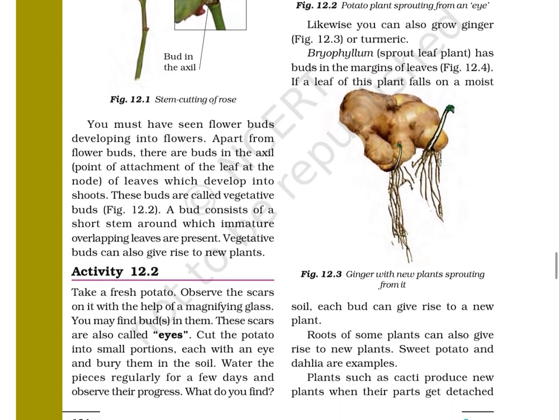Bryophyllum or sprout leaf plant has buds in the margins of leaves. You can observe this in figure 12.4. If a leaf of this plant falls on a moist soil, each bud can give rise to a new plant. Figure 12.3. Ginger with new plants sprouting from it.